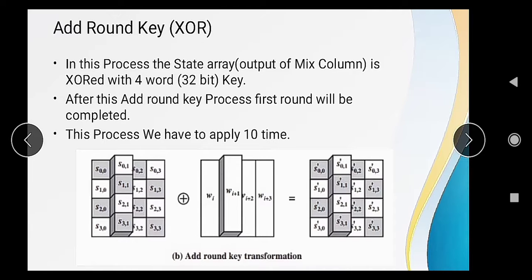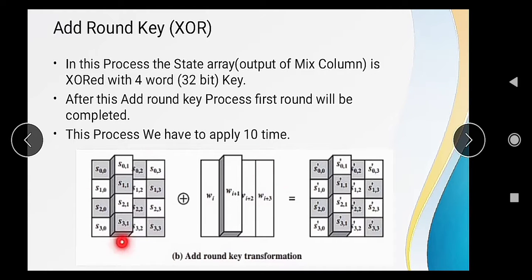Okay, so what is add round key actually? In this process we XOR the input with the 4 sub keys.